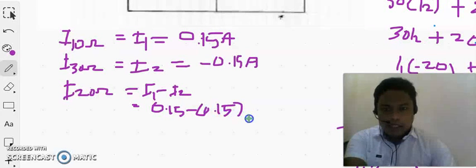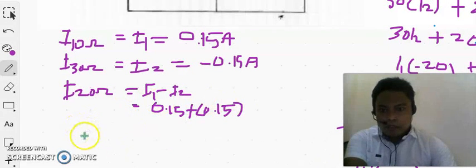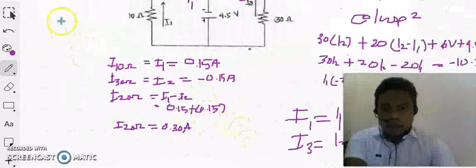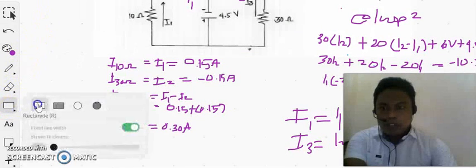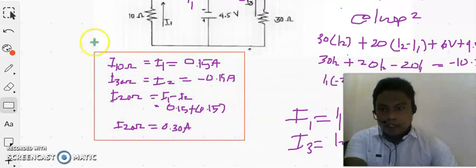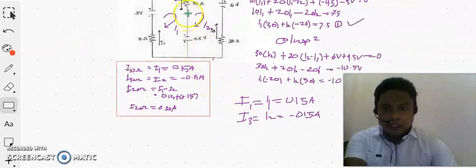I mean, this is negative, so this becomes positive. So our current for the 20 ohms resistor is positive 0.30 ampere. So this will be our looking back at the current in each of the resistors.